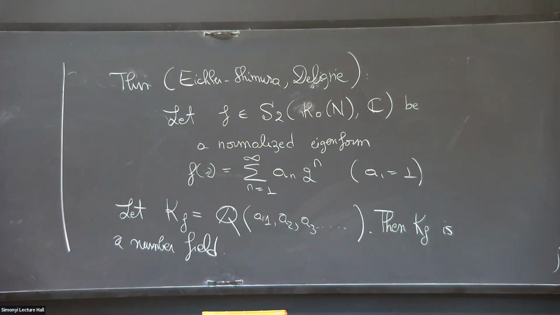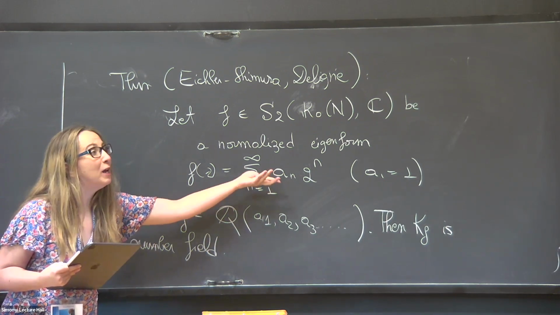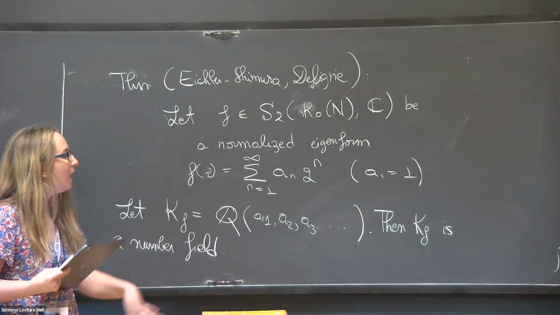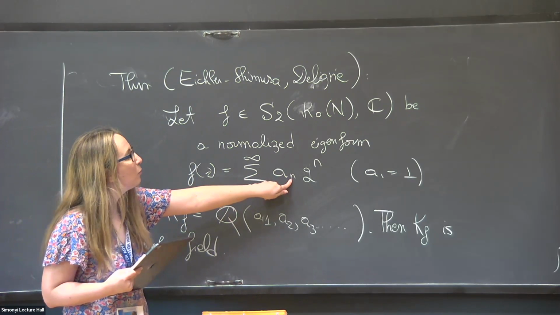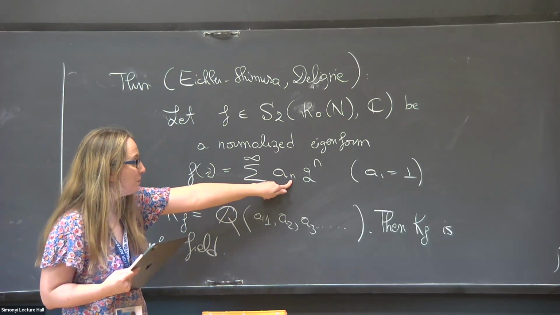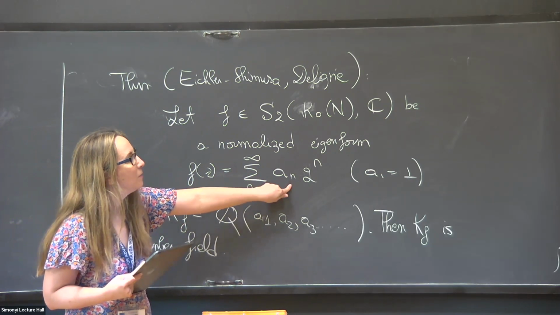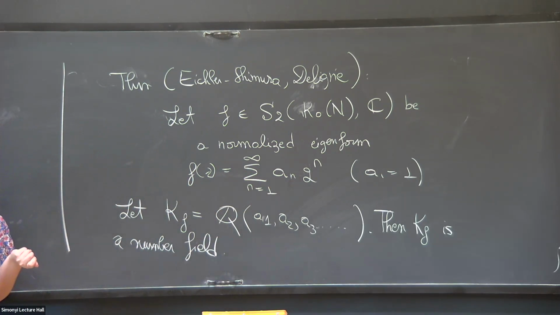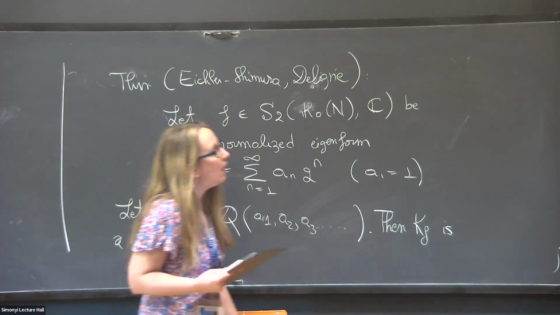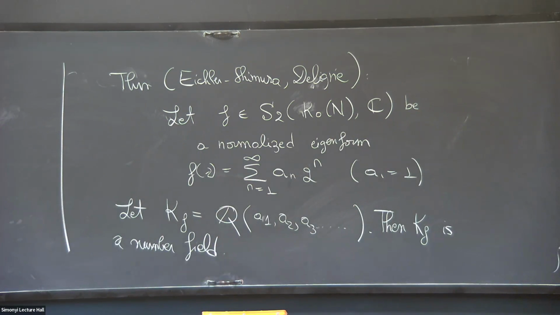And I'll explain what the key is, but the first thing is that these Fourier coefficients end up, so if I take n to be a prime, little n to be a prime p, and I look at this normalized eigenform, then a sub p is not just a Fourier coefficient, it also ends up being the eigenvalue of the Hecke operator Tp.